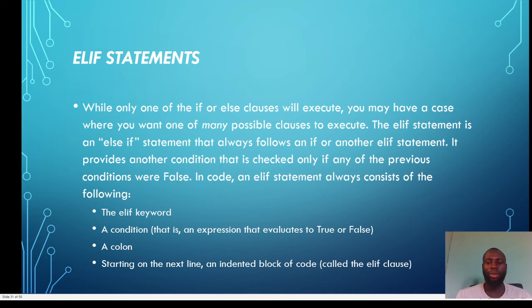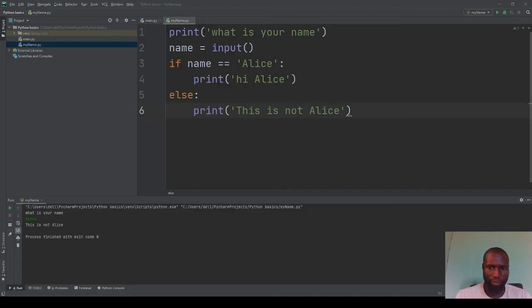So now let's show how elif works. By using that same example, we add elif statements to our example. So let's go to our Python and add elif. One thing you need to understand is that at the end of our if, elif, else statements, else will always come last.